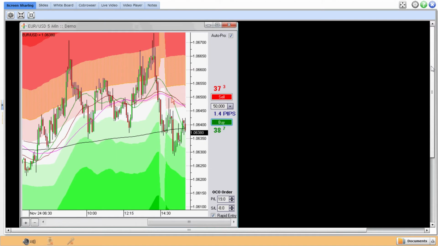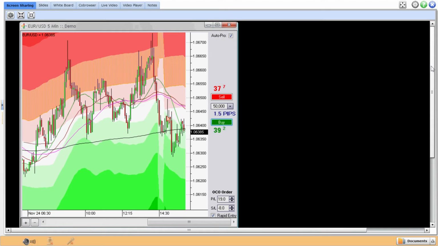I think I had the limit at 52 or something. So I know I didn't get limited out of the full position. And then we broke down into this zone again, but we'd already been testing around this area, so the best would have been to wait for something down here.